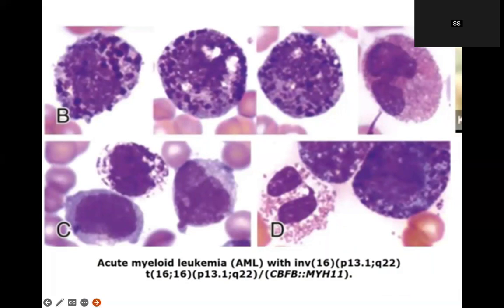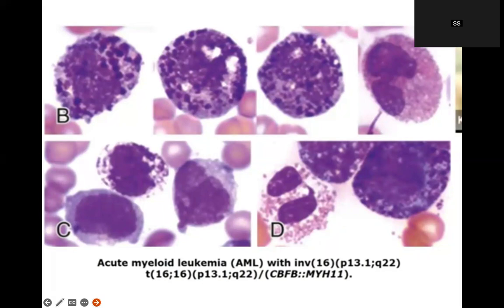So here in acute myeloid leukemia with inversion 16, the patient will have a cytogenetic abnormality, called the presence of Hurleukin cells, which are abnormal eosinophils with basophilic granules. So the blasts will be larger with large coarse granules, which obscure the nuclear morphology.